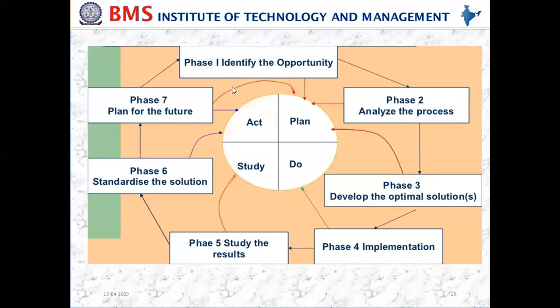These are the seven phases interrelated with the PDSA cycle: the first three phases with plan, the fourth with do, phase 5 with study, phases 6 and 7 with act, and phase 7 also with plan, since it is planning for the future.